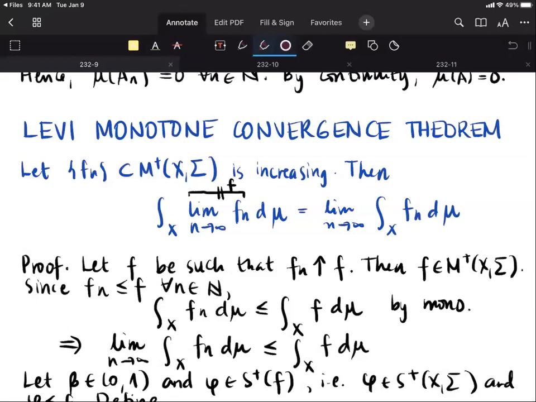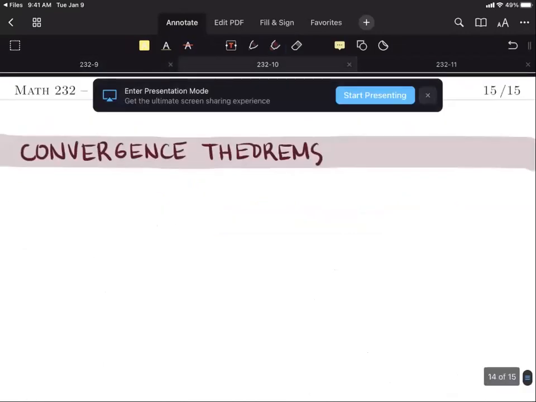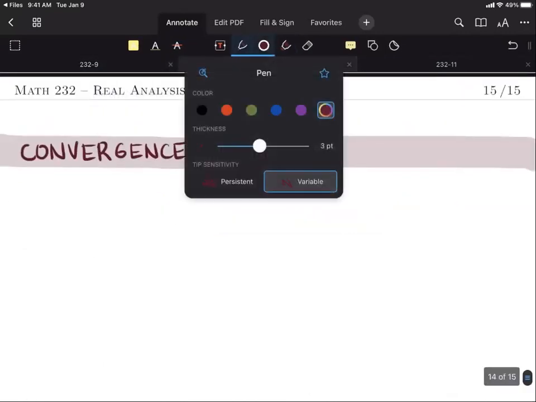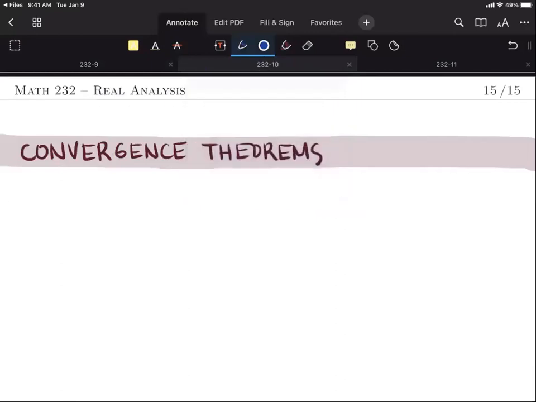Now, what if we want to relax that statement? In other words, what if we ignore the assumption that the sequence is increasing? So our assumption is now weaker, so we expect that the conclusion is also weaker.